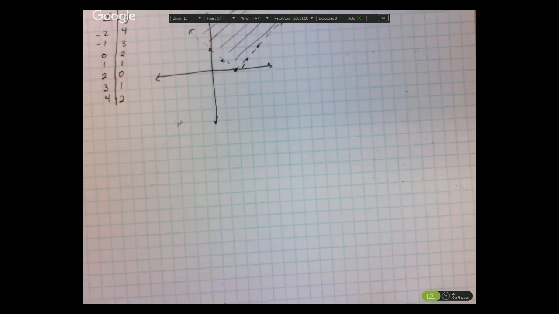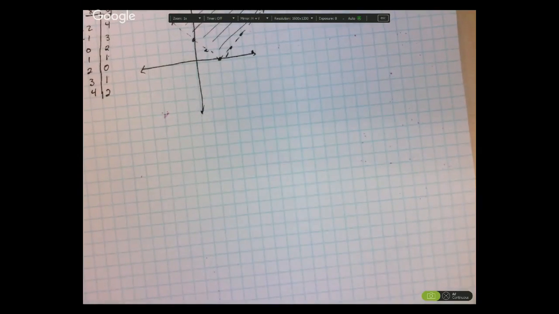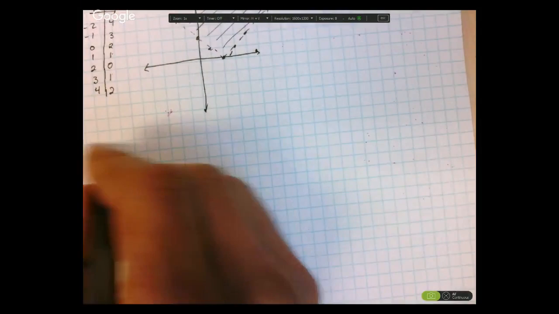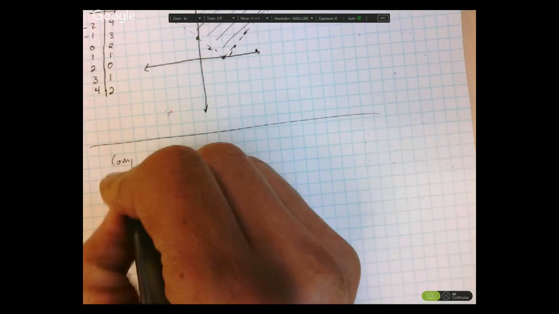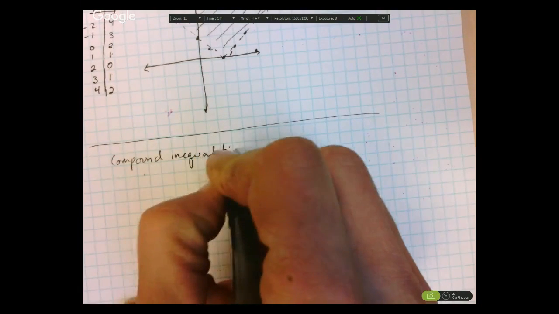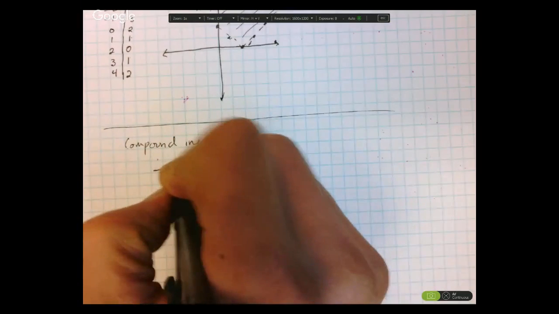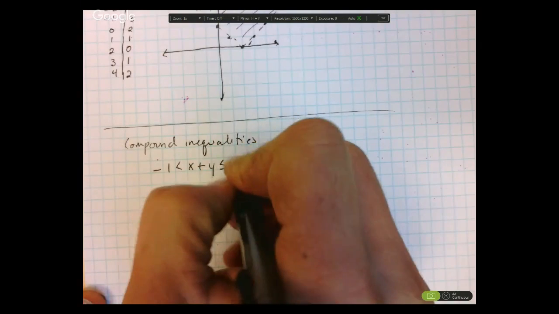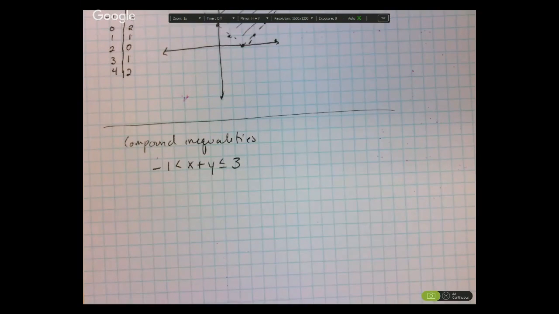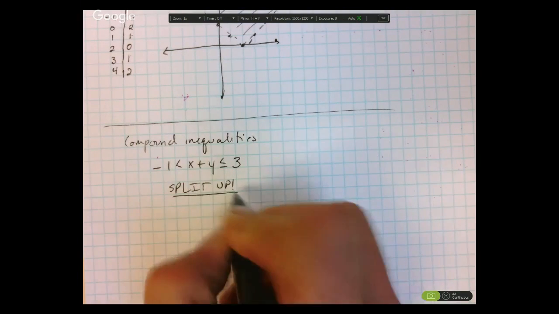Let's have one more. We can have compound inequalities, and we can graph those as well. So if I have something like this, I will yell this at you: split it up.